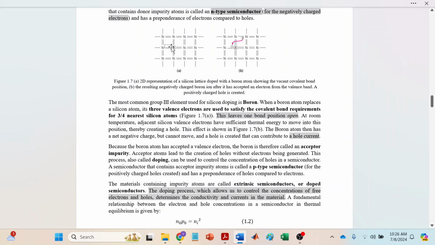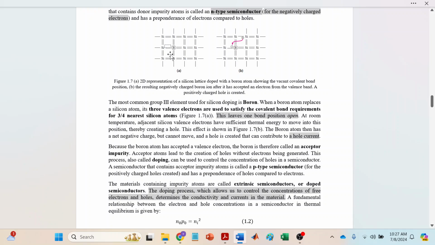So that means there's an extra empty bond. It leaves one bond that is open. We can say that that extra one that is left to complete the 8th electron is a hole.